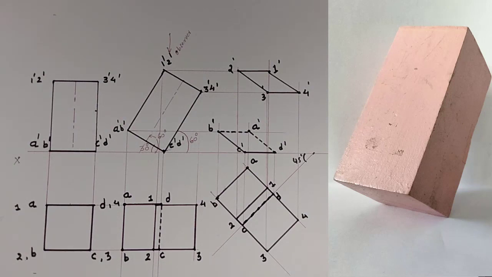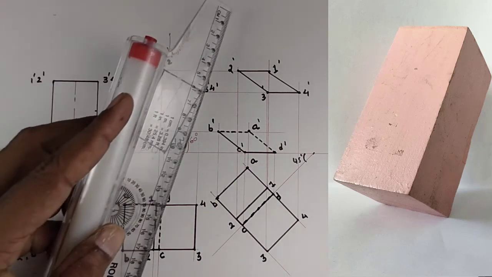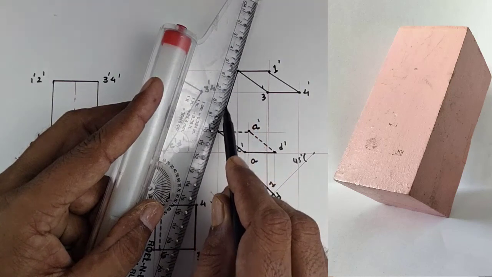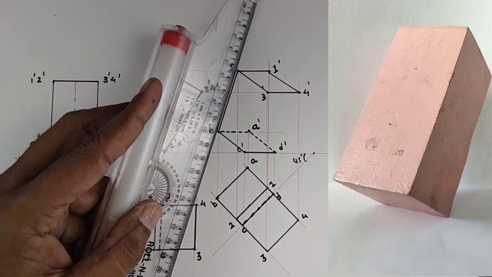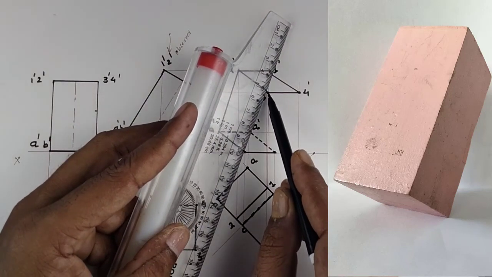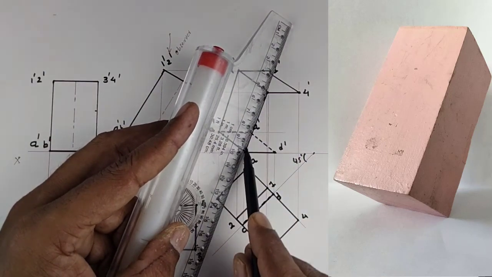Now, the edges of the rectangular surface. This B2 is nearer to the observer. So the vertical edge of the prism B dash 2 dash is a dark line. Then C3 is visible, so I join the C3 with a dark line.